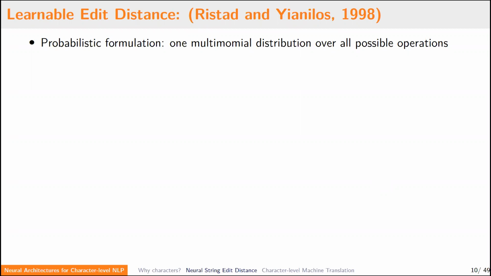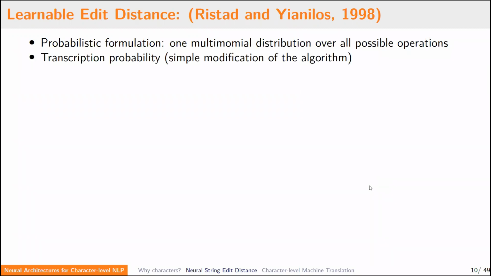So there is a multinomial probability distribution over all possible operations. They have some probabilities, and every time we do an edit operation, we sample from this multinomial distribution, which means that the transcription of one string to another string is a product of probabilities of the individual edit operations.